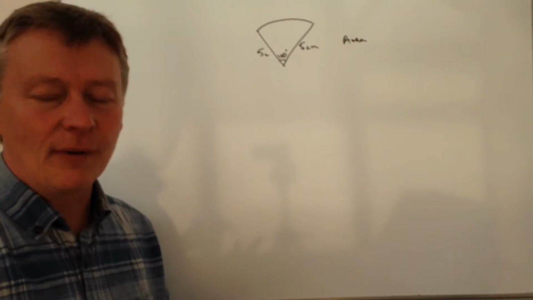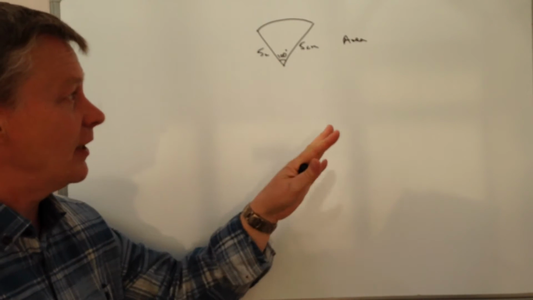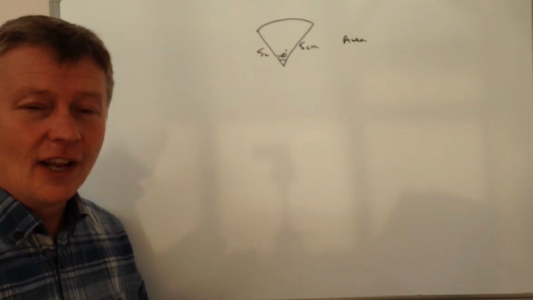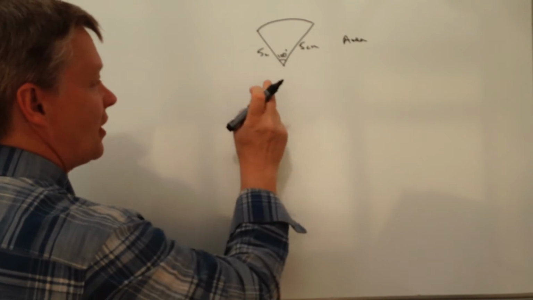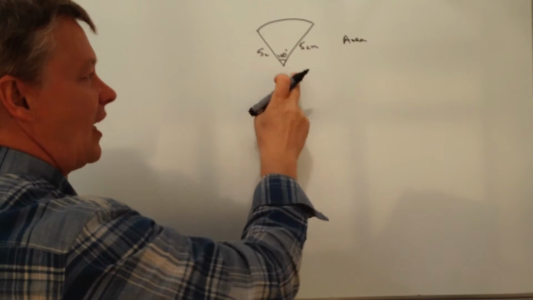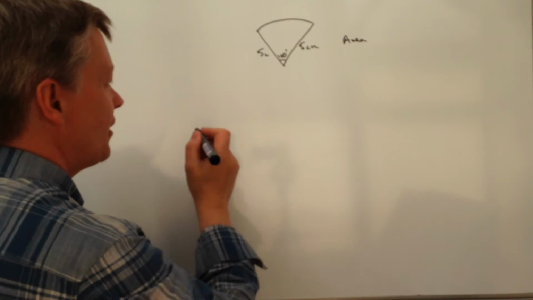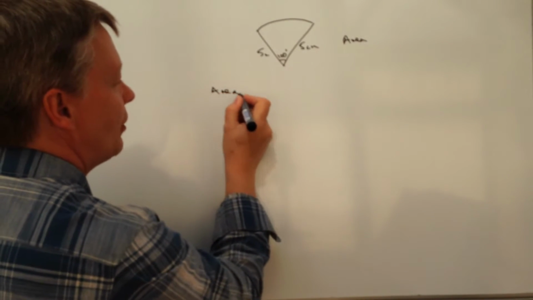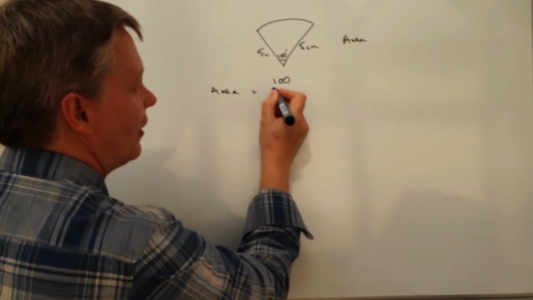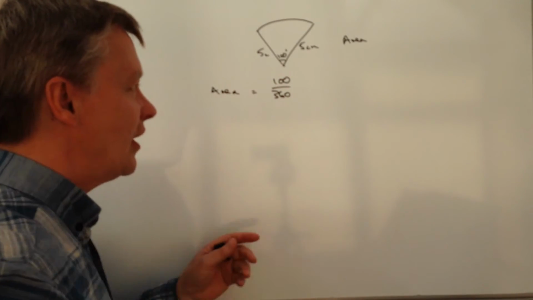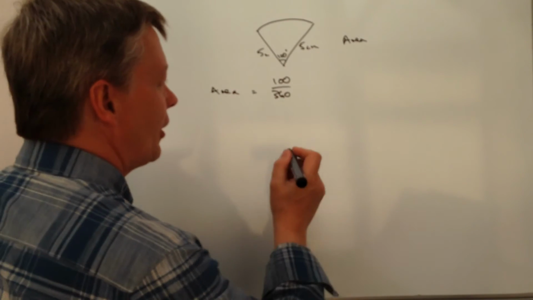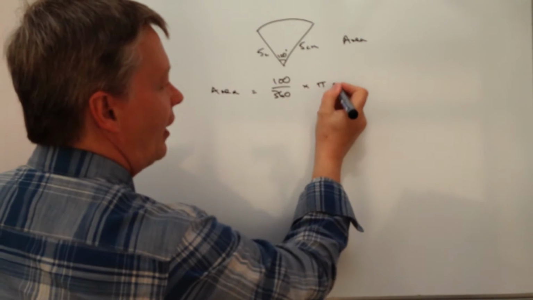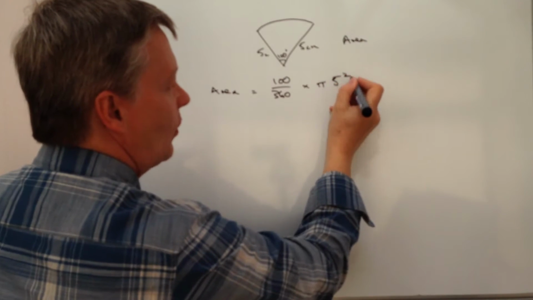There are quite a few examples on the playlist of these kinds of questions. So I'm going to go right ahead and use the normal formula, which is to say that this is 100 degrees out of 360. So the area is going to be equal to 100 over 360, which is the fraction of the circle that we're interested in, multiplied by pi r squared.